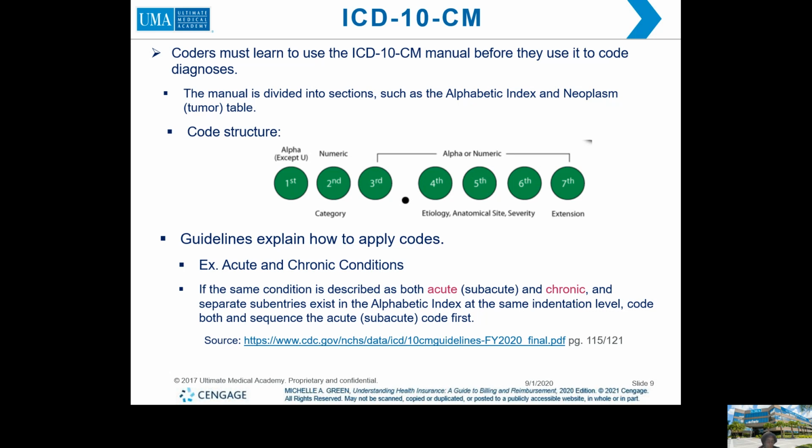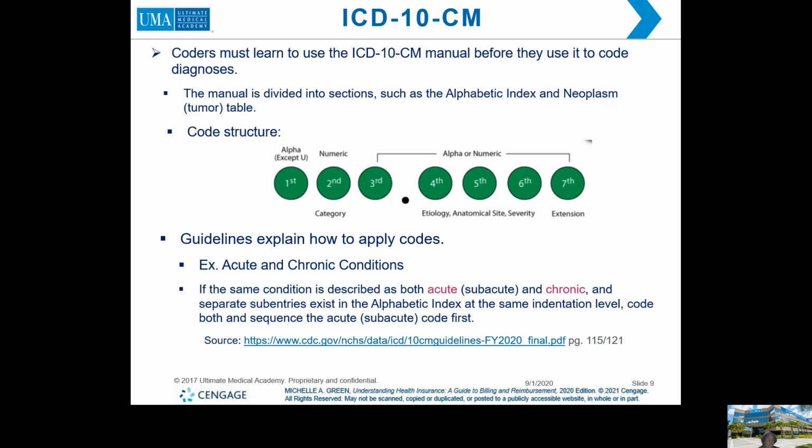If in the index there's a code for both the acute condition and the chronic condition, we must code both. And we have to put the acute code first. Now, if we don't code it that way, it is wrong. We will get our claim denied. It will come back, and we have just lost money.